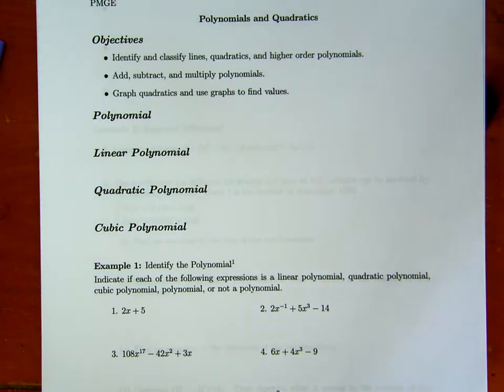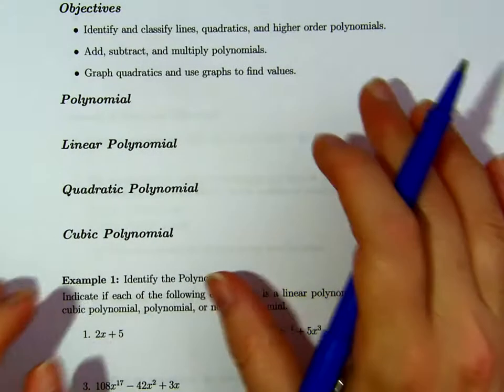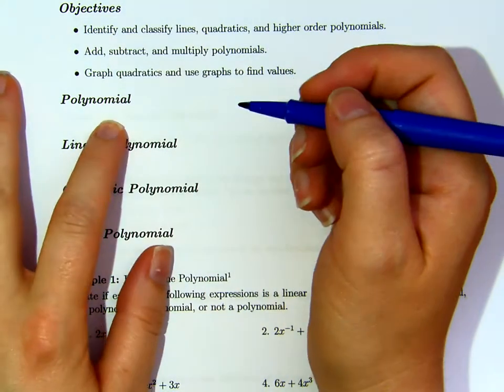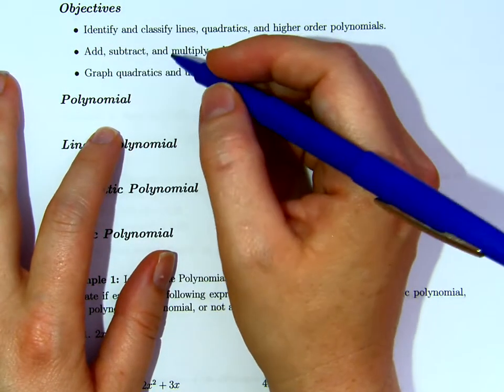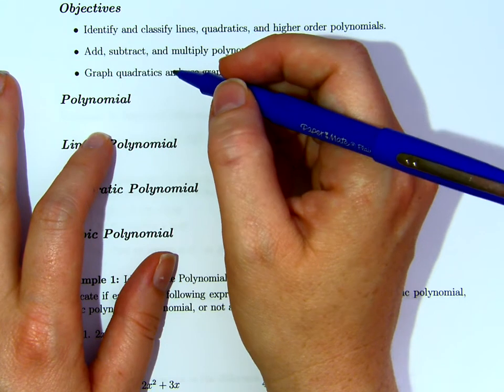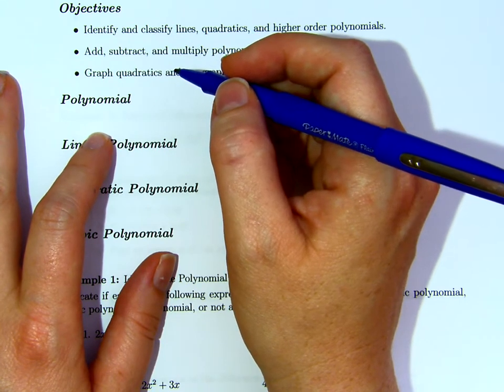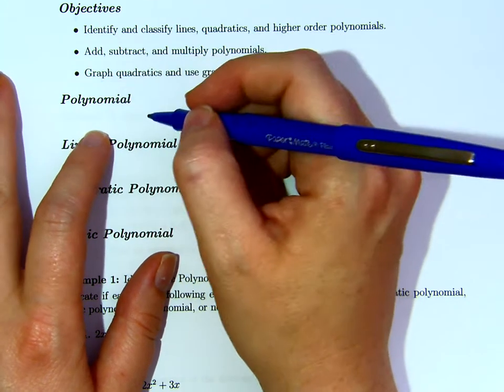So let's define a polynomial. What is a polynomial? It is a mathematical expression where the variable has whole number non-negative exponents.